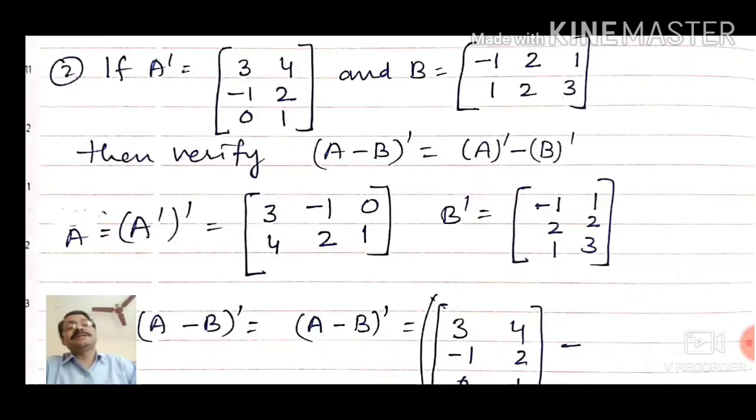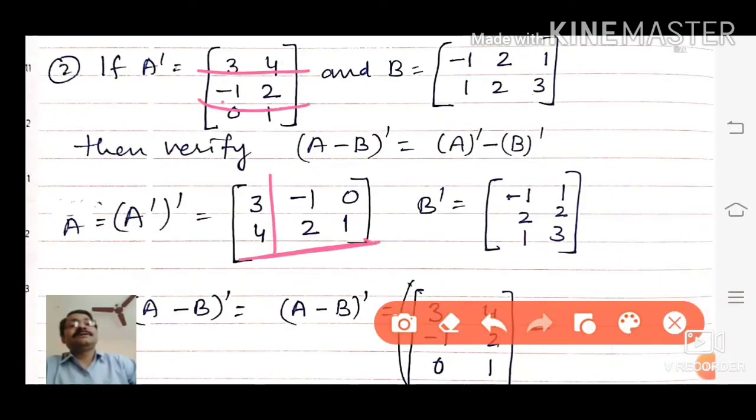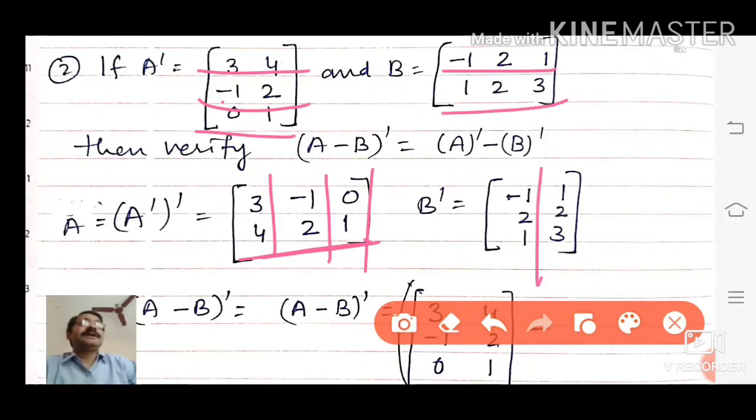How do we do it? We already know that A transpose and again transpose, the double transpose, will be A. So you can find this A. First row becomes first column, second row becomes second column, third row becomes third column. And how do we find B transpose? The first row becomes the first column, the second row becomes the second column.